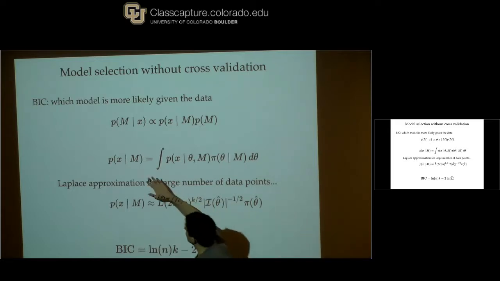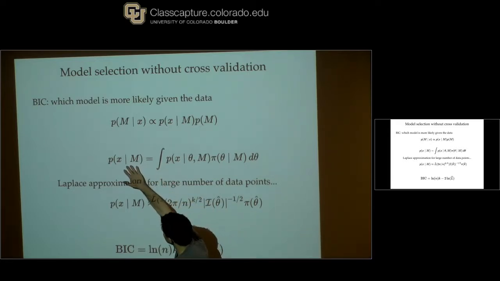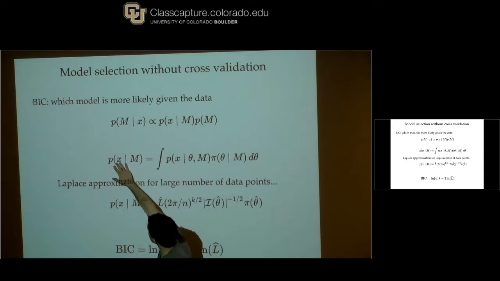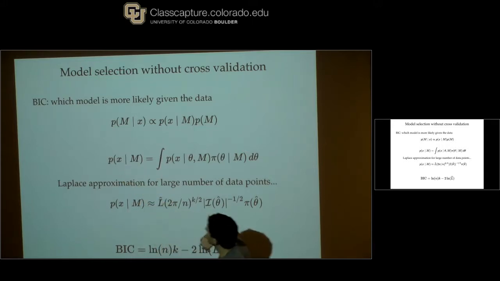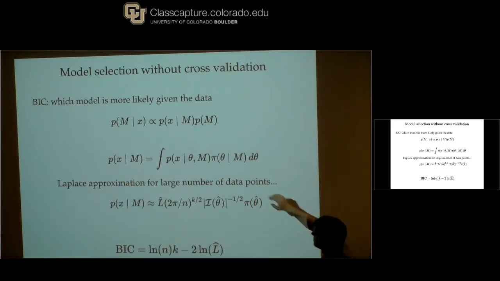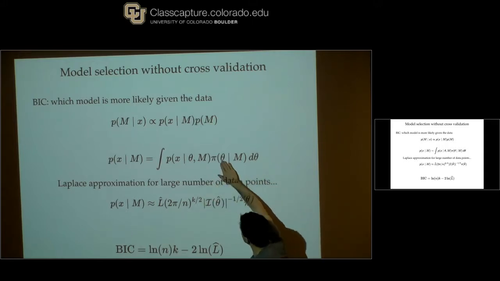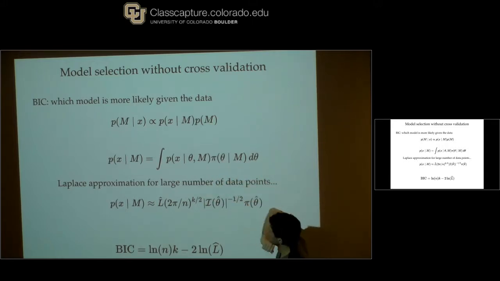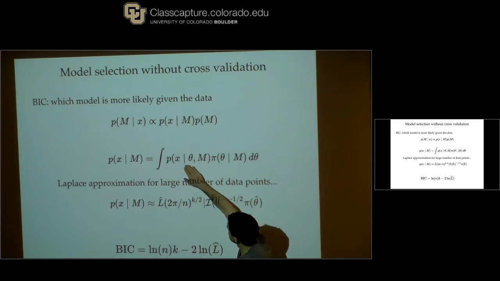I didn't define this quantity before, but for a given model, you start with some prior on the parameters given the model, and then you combine that with your likelihood, and then you get a posterior distribution, like we said.